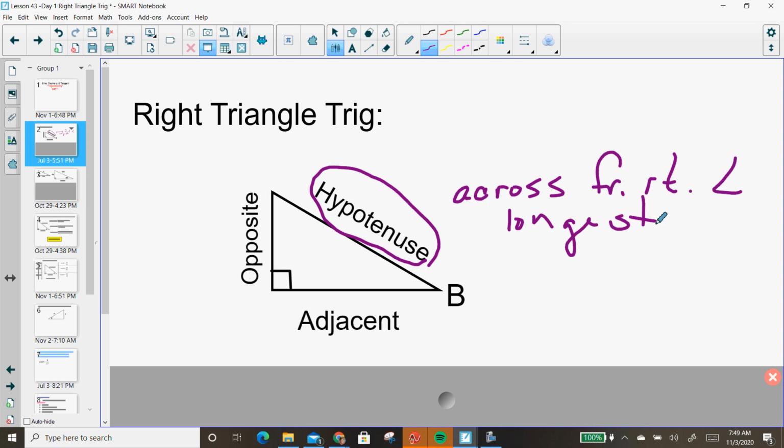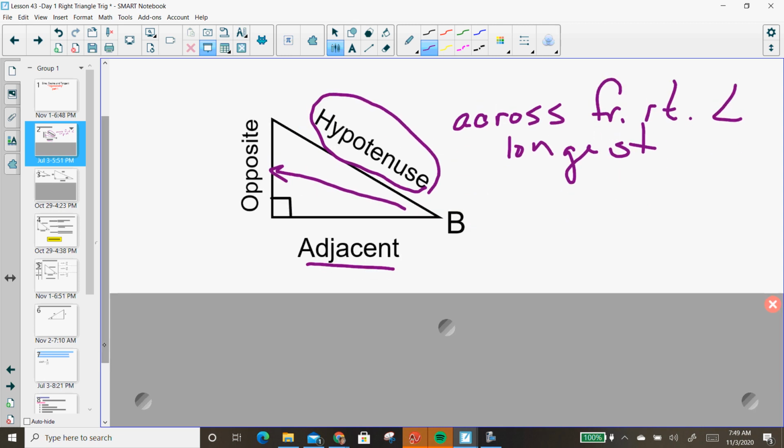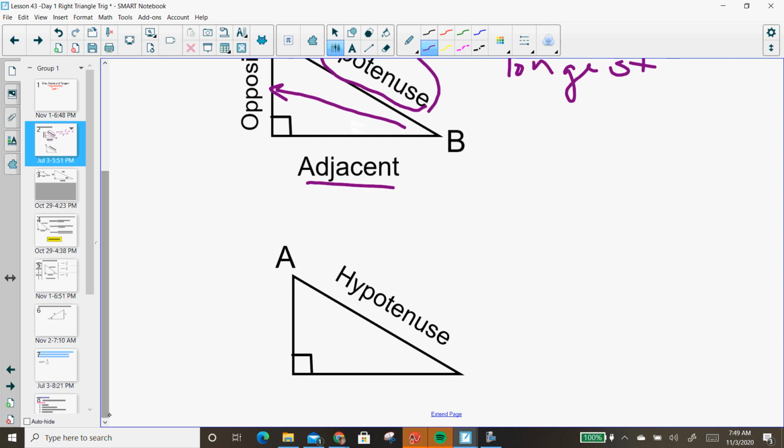Now, once I pick one of the acute angles, so not the 90-degree angle, I've got two other sides of the triangle. One of them is right next to B, and we call it the adjacent side. One of them is across from B, so for B, that is the opposite side. However, if I had picked the other angle, which I'm going to call A up here, the hypotenuse is still the longest one.